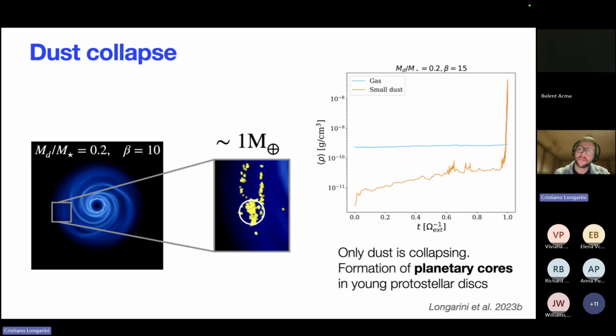And as you can see from the right panel of this slide, the collapse is actually happening just in the dust component. So the gas average density is constant, while for the dust particles, you see that there is a huge increase of the quantity. And so the idea is that with this mechanism, we are in principle able to form planetary cores directly through dust collapse.